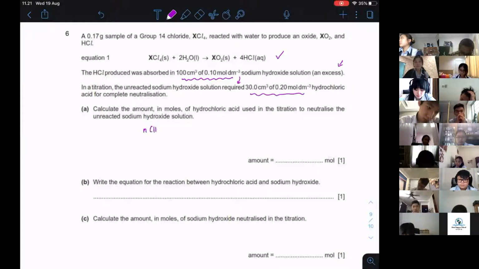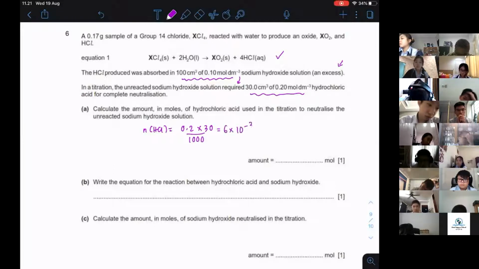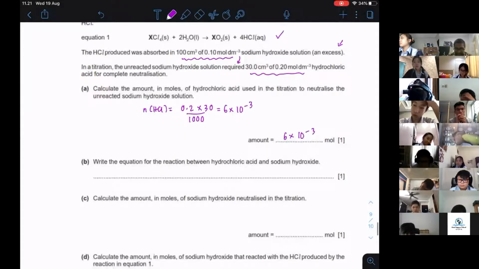Number of moles of HCl is going to be 0.2 times 30 divided by 1000. That's going to be 6 times 10 negative 3 moles. You can just leave it like this. No need to follow 6.00 and so on.